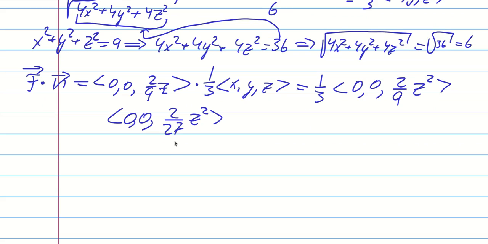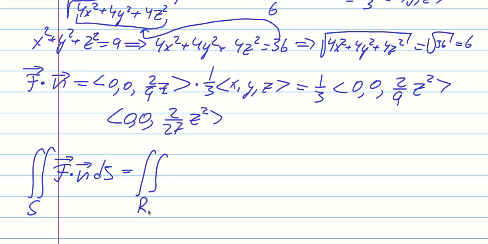Okay. So we calculate the surface integral over S of f dot n dS, which is equal to the integral over the region R. I didn't do this one right over here, so it should be 1/3.